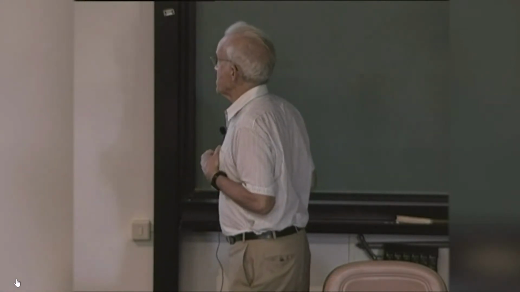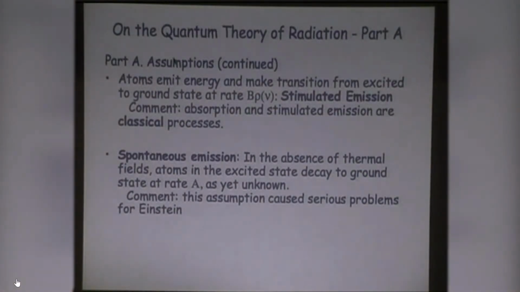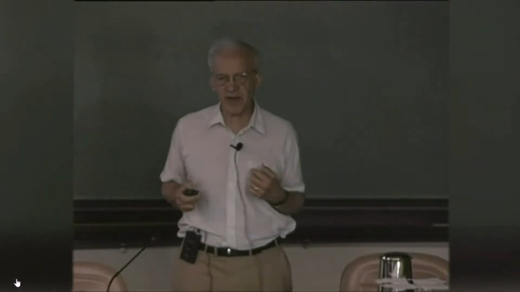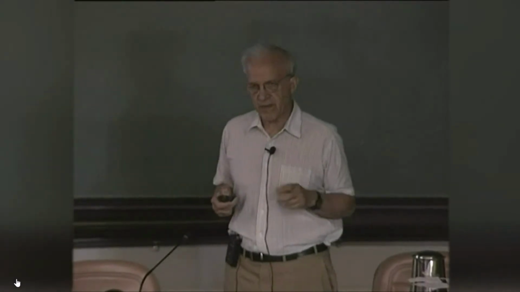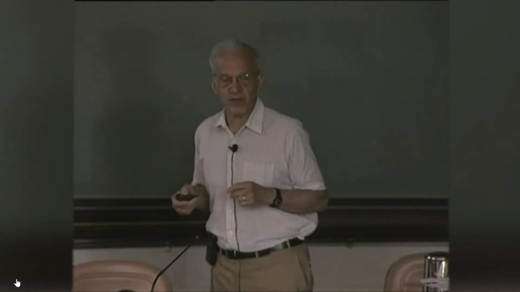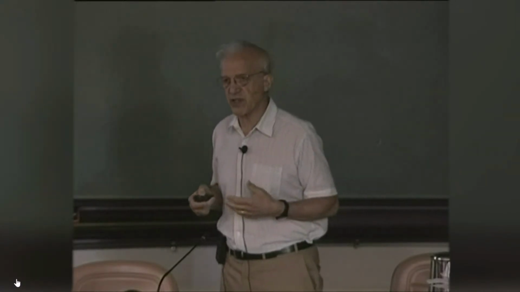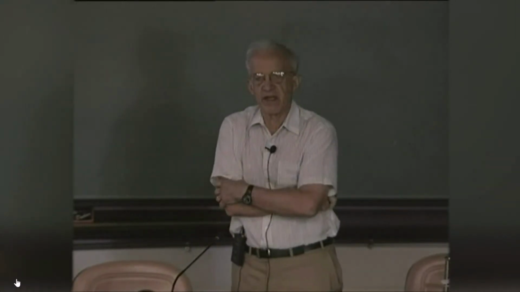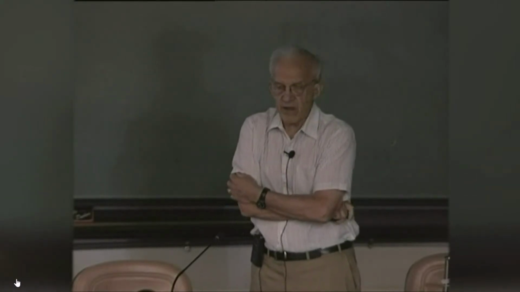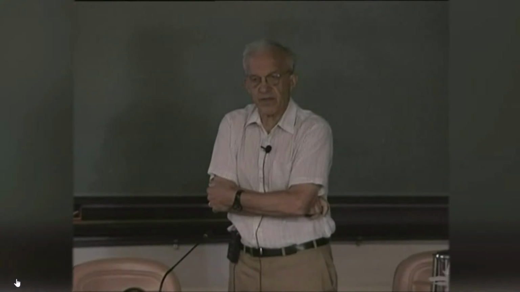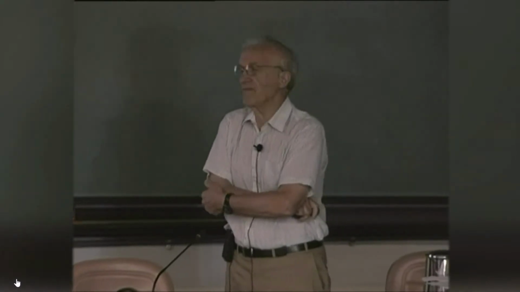Then spontaneous emission. He pointed out that this process had to exist. I don't know who talked about it before then except Michelson in 1885, who made studies of the width of spectral lines. These are fascinating studies. When he had his interferometer, he could measure line widths, and he made very detailed measurements and learned all sorts of physics from it. He learned about Doppler broadening of the lines, and from that checked Maxwell-Boltzmann's law.